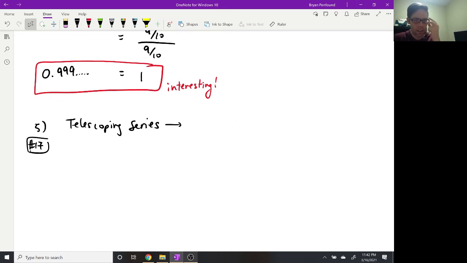A telescoping series is one where we have some additions and some subtractions happening, and it turns out that sometimes the subtractions and additions will cancel out each other and give us 0. So basically, a telescoping series is one where some of the additions and subtractions will end up canceling.